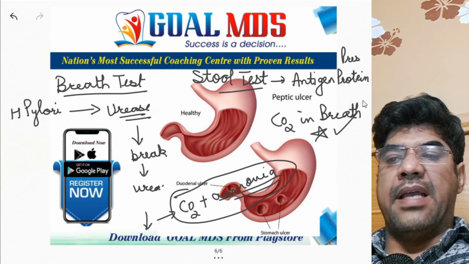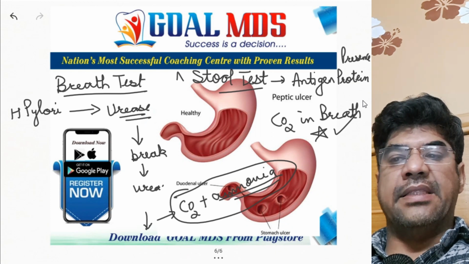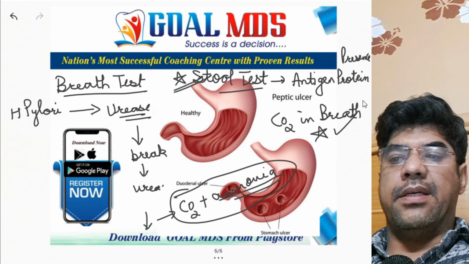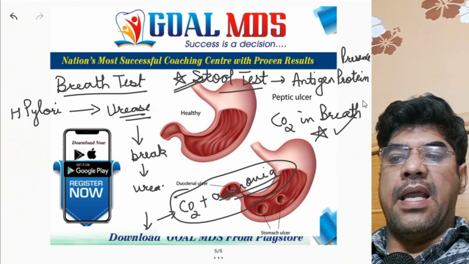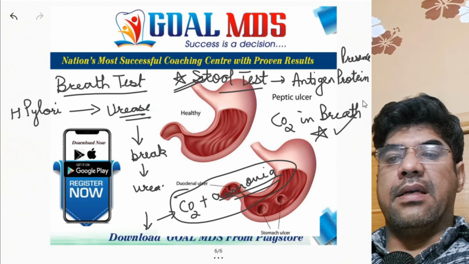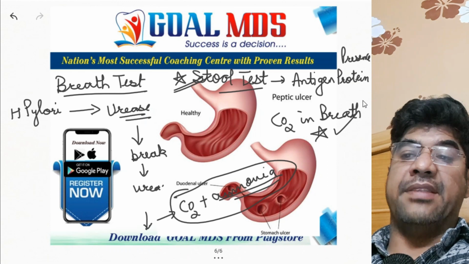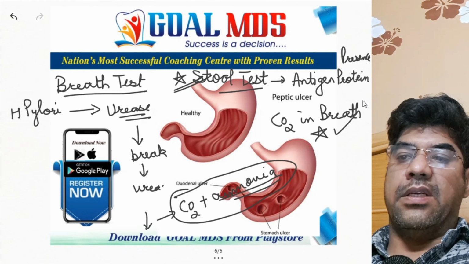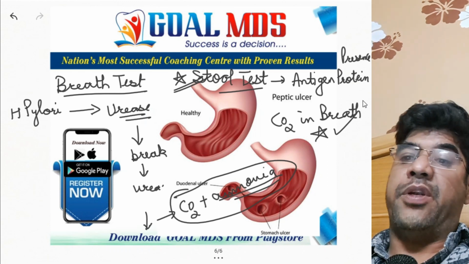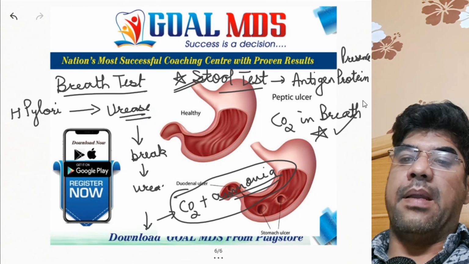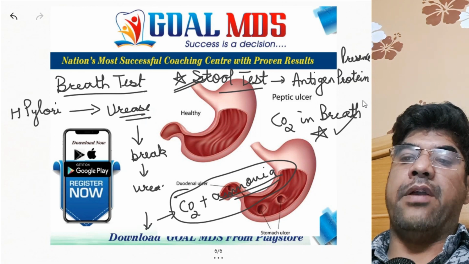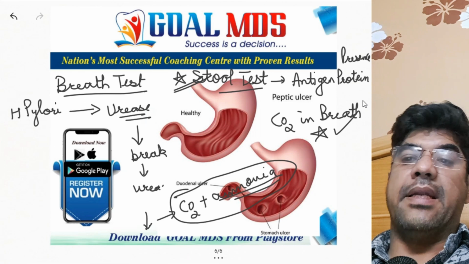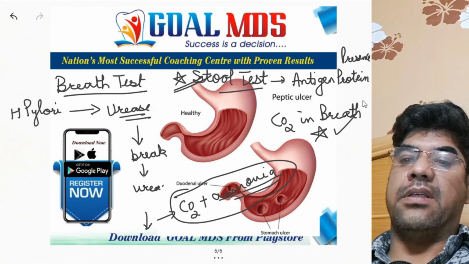The sample is analyzed for the presence of H. pylori antigens using a kit. If H. pylori antigens are detected, that confirms that a person has H. pylori infection. It may sometimes produce a false negative result if the person has taken antibiotics or a proton pump inhibitor, which can affect the accuracy of the test.